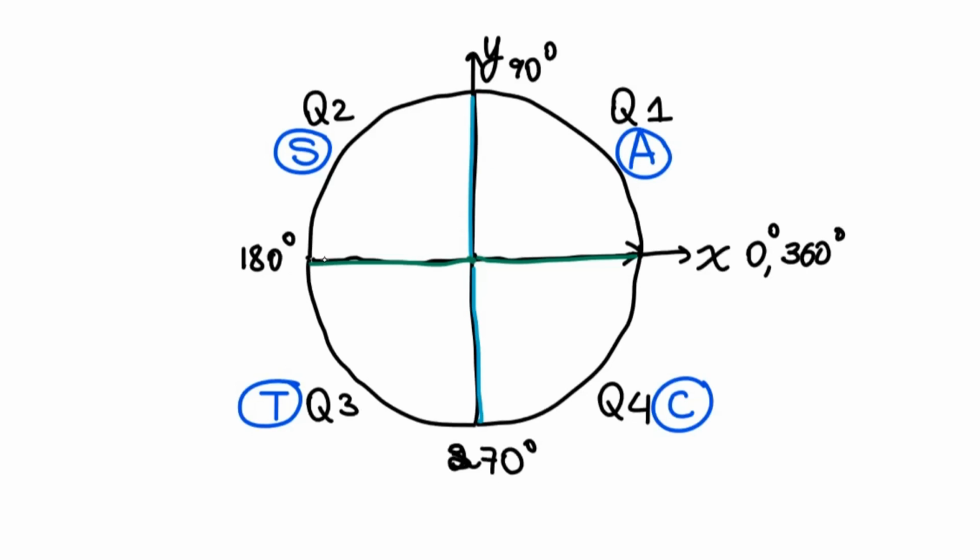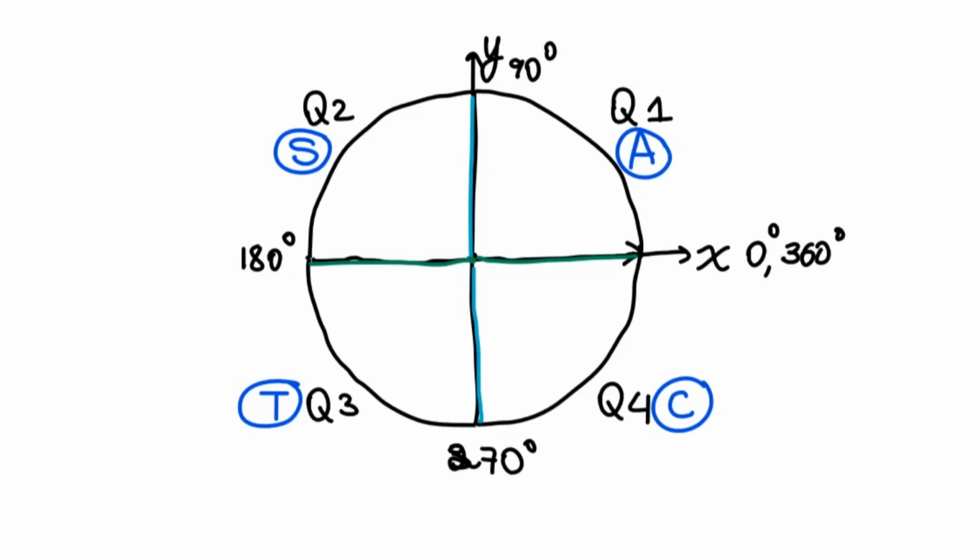In the case of horizontal and vertical angles that fall right onto the axis, the horizontal or vertical distance will be either equal to 1 or 0. And the 1 distance will also coincide with the radius.